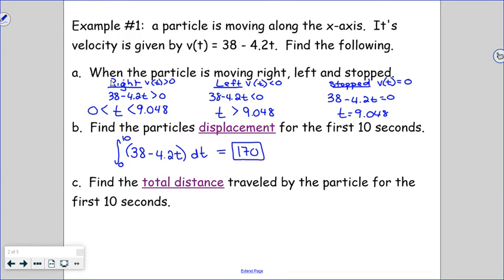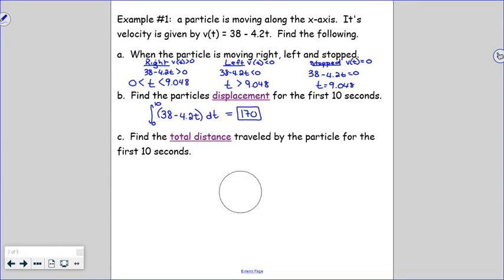Good so far? Okay. And then total distance needs to take into account the fact that some of our movement was right, some of our movement was left, some of it was positive, some of it's negative, right? As we're thinking about this up here, some of it's positive, some of it's negative, or right versus left, and we need to break our integrals to represent those different times.